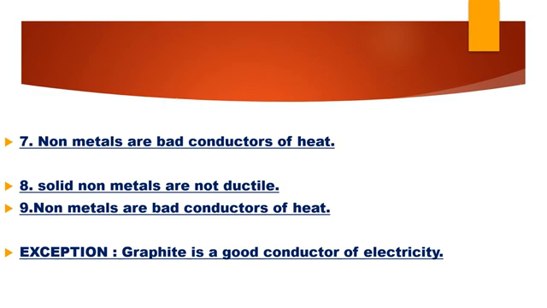Even though graphite is a non-metal, it is a good conductor of electricity. So they won't conduct heat and electricity, but graphite, in the pencil we have the lead, that black colored graphite lead, can conduct electricity easily.